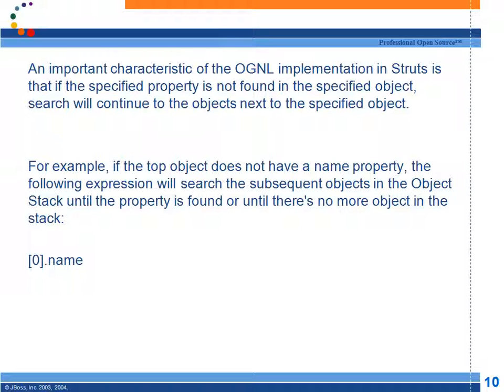A4. Suppose there is no property called name on A4. It will continue its search in the downward direction. It will look for whether there is a property called name on A3, A2, A1. So it will continue down the search, right? So if you just display 0 dot name, if the name attribute is not found in the first object, then it will continue its search automatically. Okay.